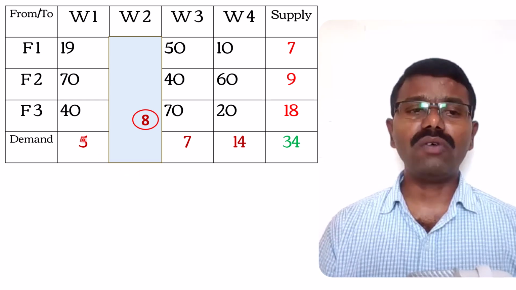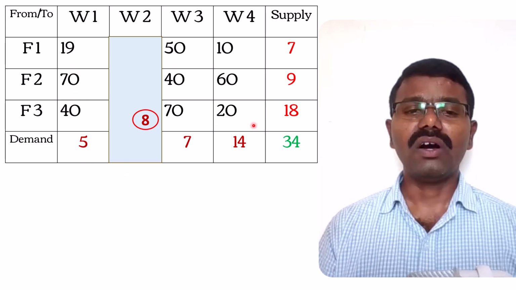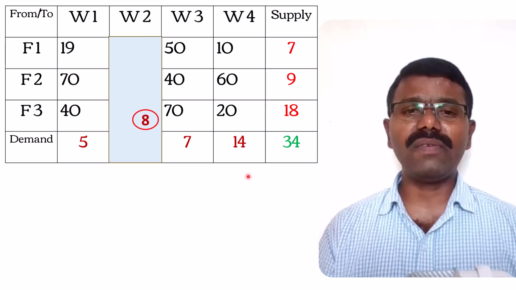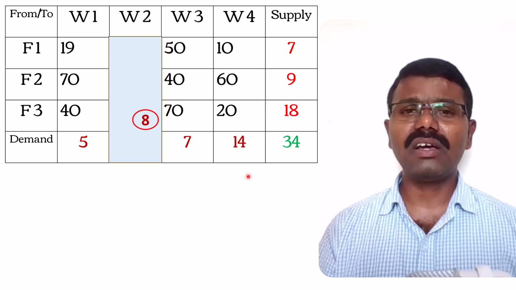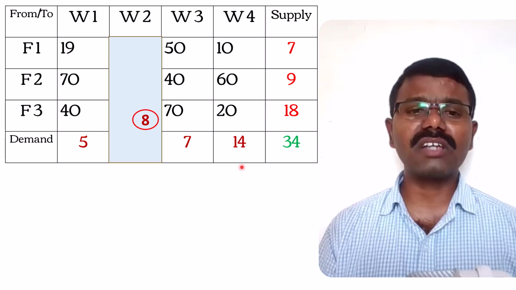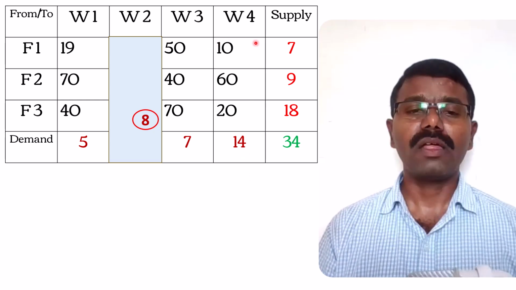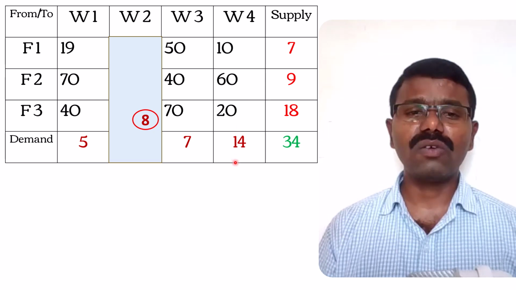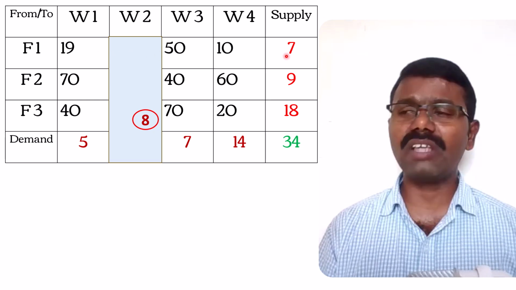Then out of the remaining columns, you next identify the next least cost cell. The least cost cell is 10. Now at 10 the demand is 14 units for warehouse 4, but the supply is only 7.